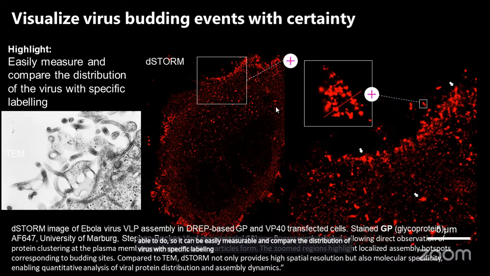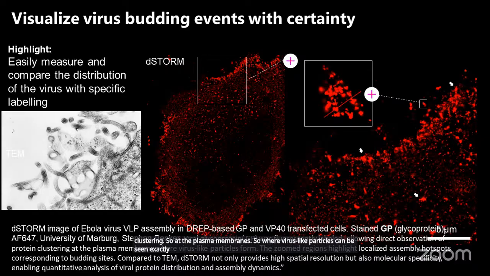And if you see here, the GP, that is the glycoproteins, have been labeled with red here. And if you see the panels here, it allows direct observation of protein clustering at the plasma membranes, where virus-like particles can be seen exactly.